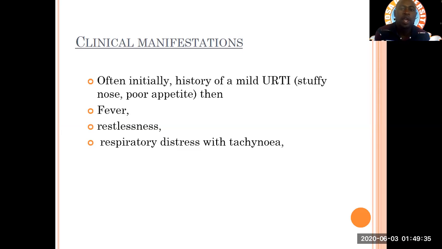Often these infants or patients will present with a history of an upper respiratory tract infection, which may be in the form of a stuffy nose or poor appetite. That further proceeds to fevers, accompanied by restlessness and respiratory distress with tachypnea.